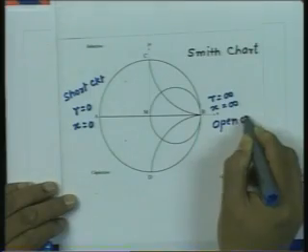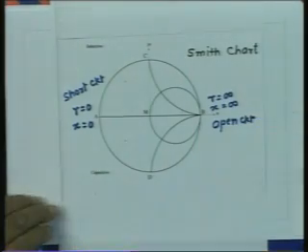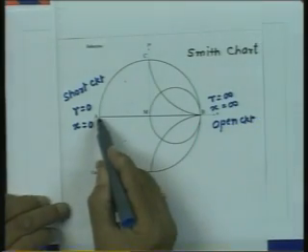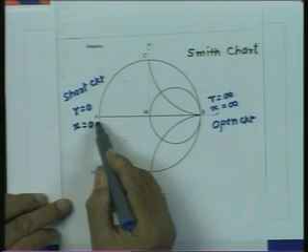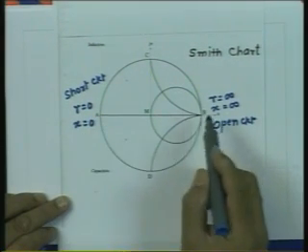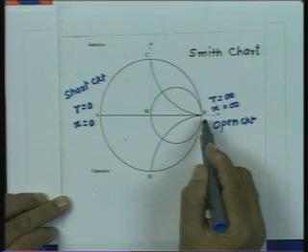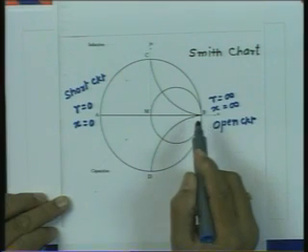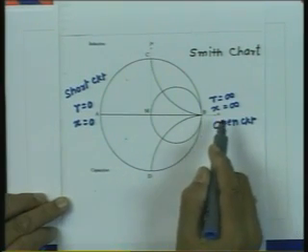So, this point is nothing but the open circuit point. So, the leftmost point on the Smith chart corresponds to the short circuit load, and the rightmost point on the Smith chart corresponds to the open circuit load.